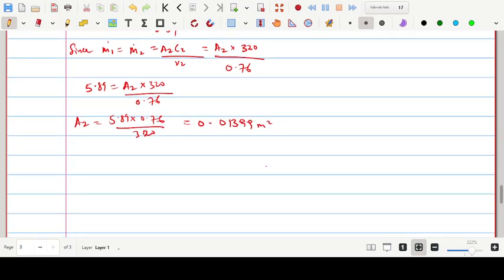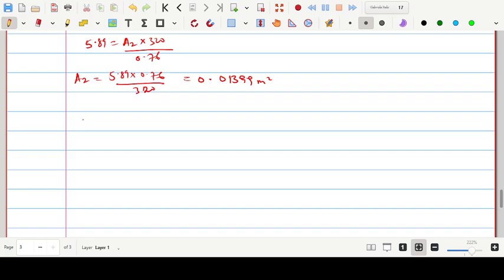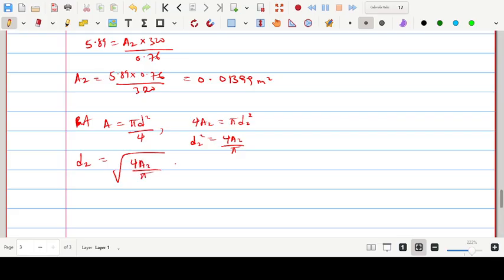Now since we are looking for the outlet diameter, area is equal to pi d squared over 4. So 4 A2 is equal to pi d2 squared. So d2 squared will equal 4 A2 over pi.